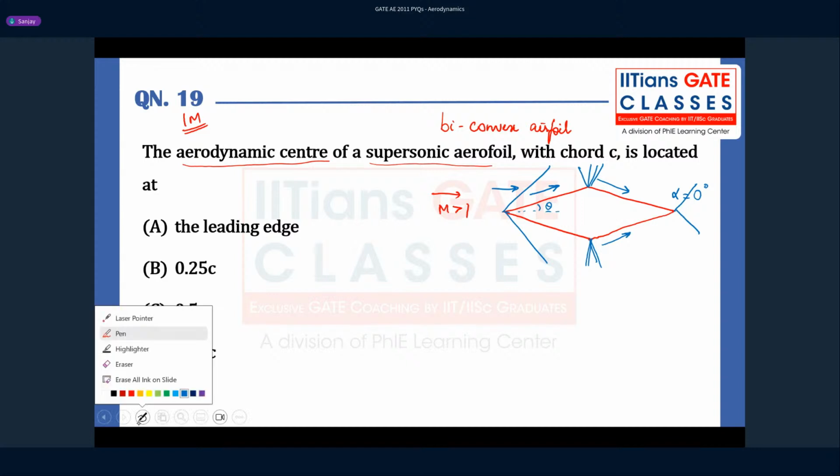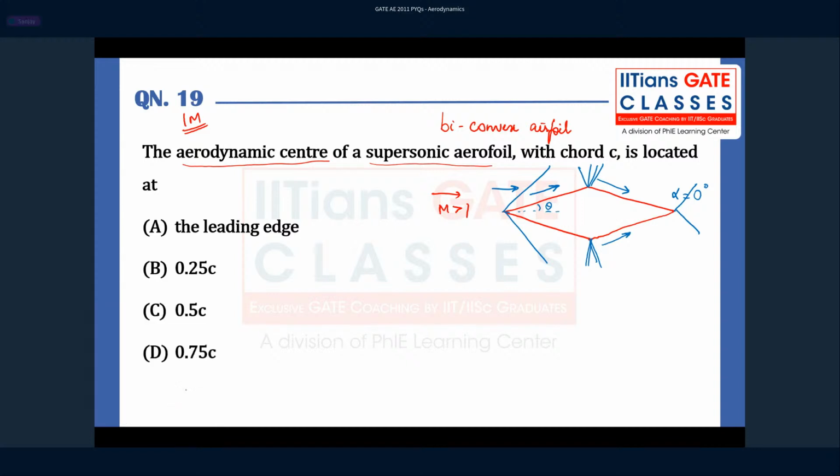So if you see the pressure distribution over this aerofoil, you are going to have oblique shocks, you're going to have expansion fans over here, and again oblique shocks, right?